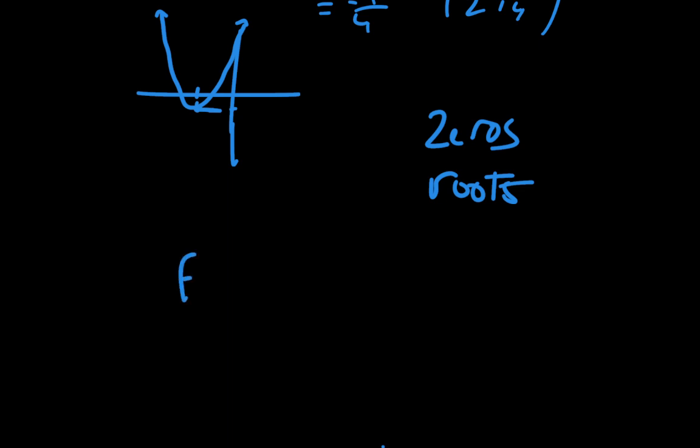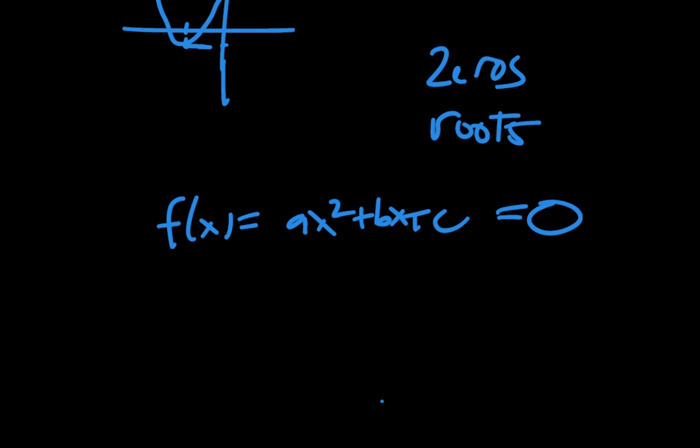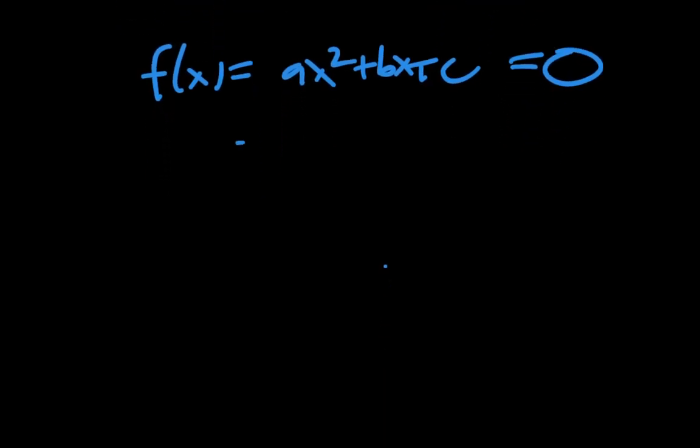So usually books will have it written like this, and what you do is you set that equal to 0, and then you just solve for x, which I'm going to do right now. So we have ax squared plus bx plus c is equal to 0.